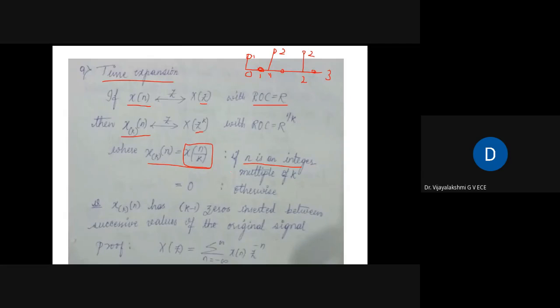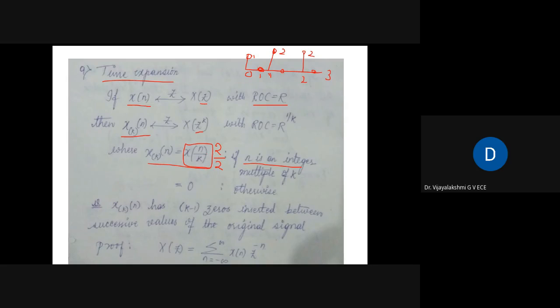Say for example, when n is 2 and k is 2, 2 and 2 will get cancelled, so I get x of 1. So I have a sample defined at x of 1.